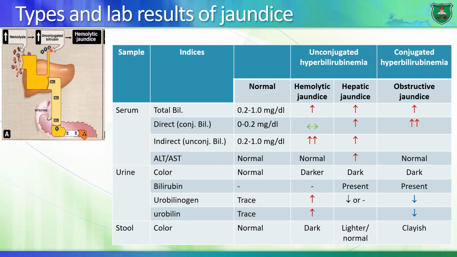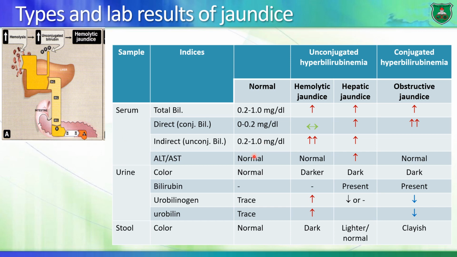into the blood. Okay? So what you will have here with hemolytic jaundice is that there is increased bilirubin in serum and increased unconjugated bilirubin as well. But the amount of conjugated bilirubin would stay normal because little conjugated bilirubin would leak out, and all of it would go into the intestines.